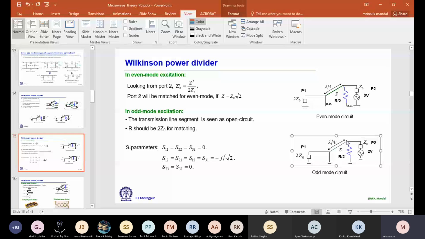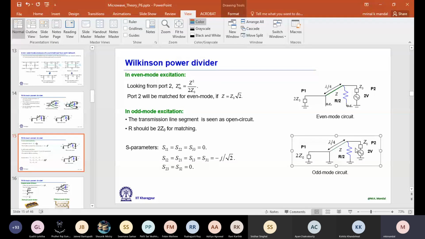So then, looking from port 2 into the circuit, we don't have any contribution because of twice Z0 or this lambda by 4 branch. Only thing we have is R by 2. Now to match with Z0, R by 2 should be Z0, or R should be twice Z0.